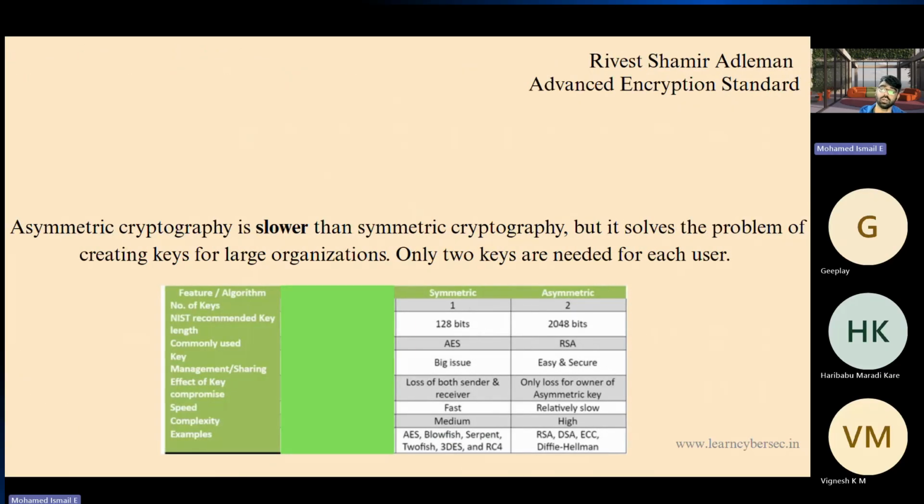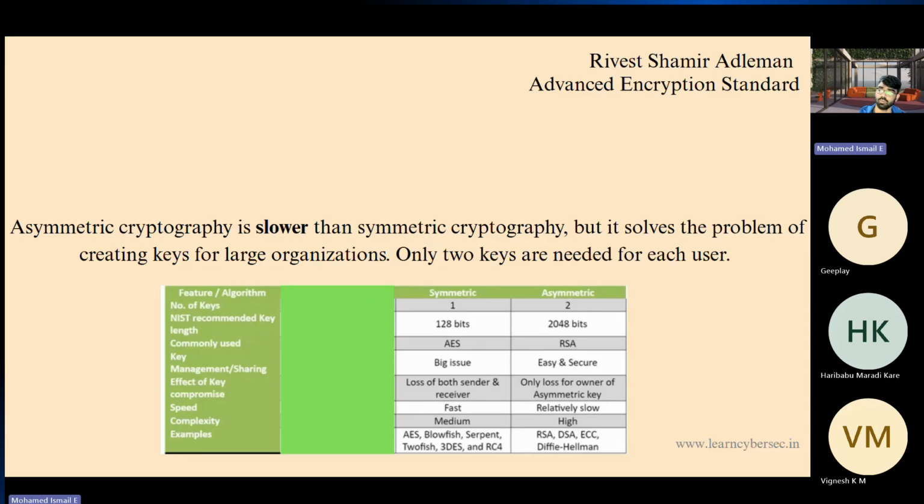All right, so now let's move further on the algorithm side. Which algorithm is suitable for symmetric and asymmetric? I said the foundation: now you know what is symmetric and what is asymmetric. Asymmetric cryptography is slower, as we know, because two keys are being used.